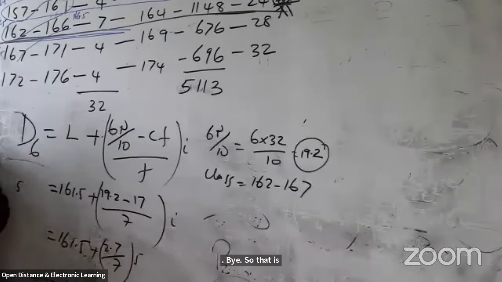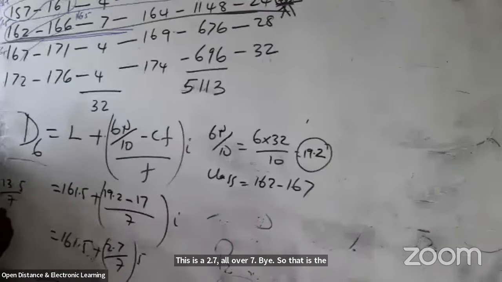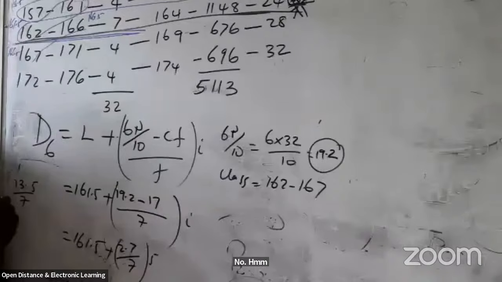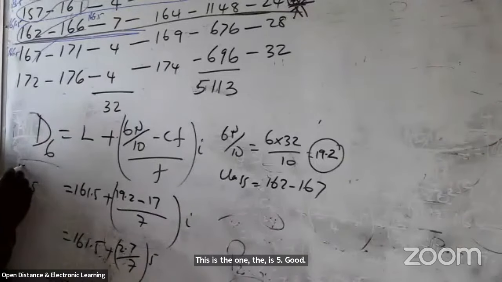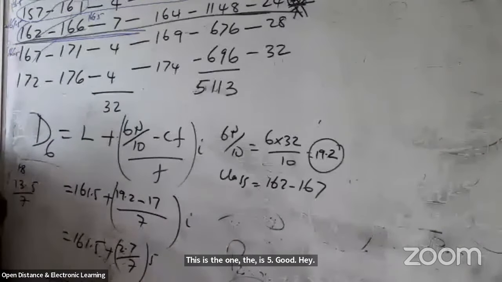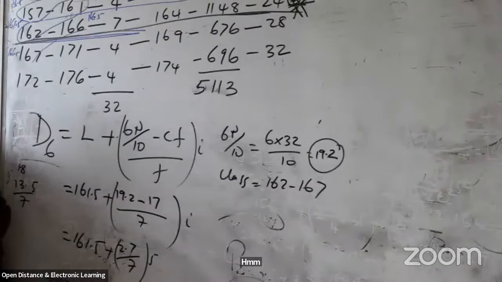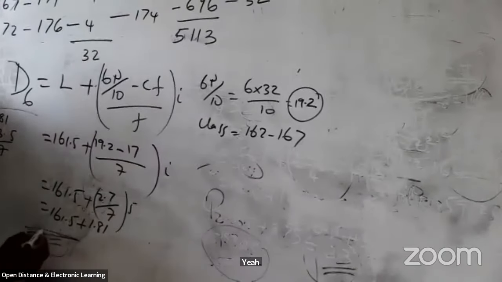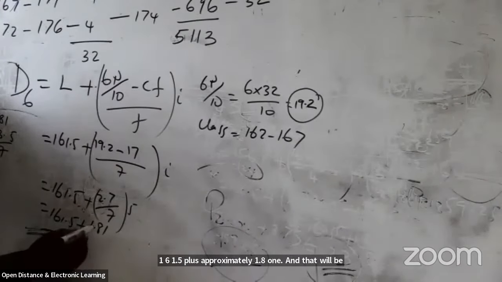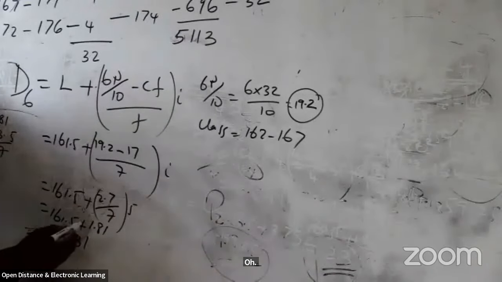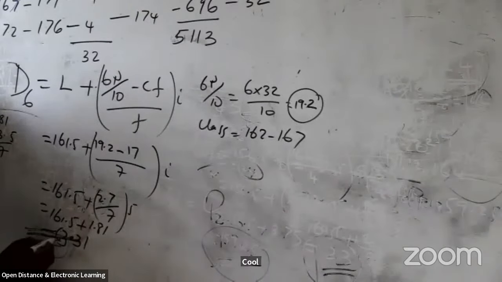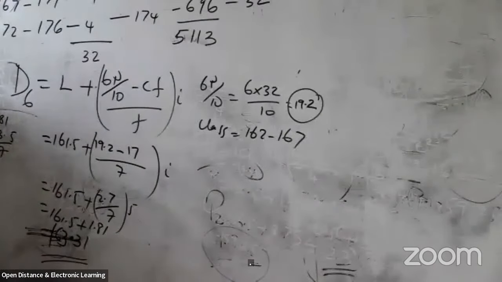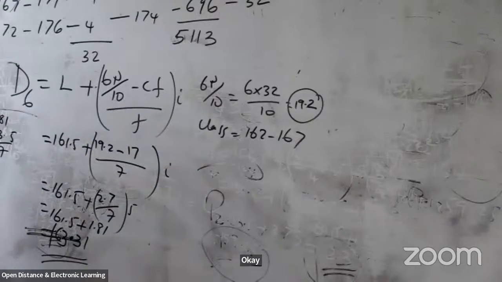That is approximately 1.57. So this will give you 161.5 plus approximately 1.81, and that will be equal to around 163.31. That is what it is.